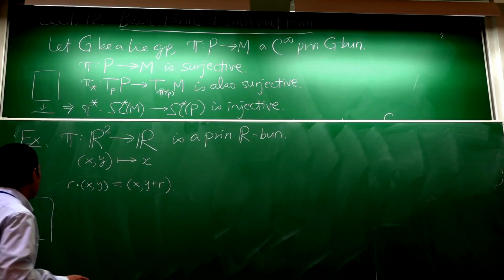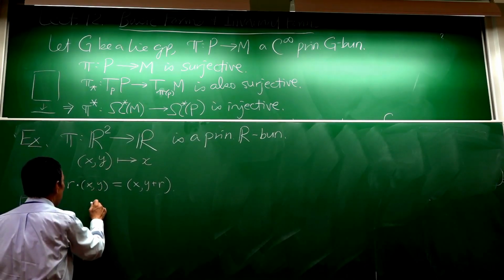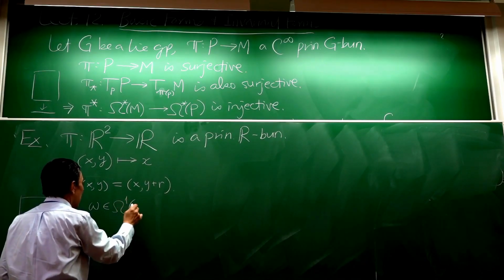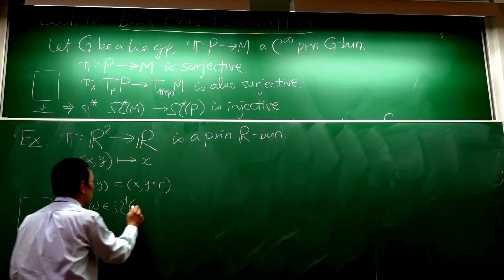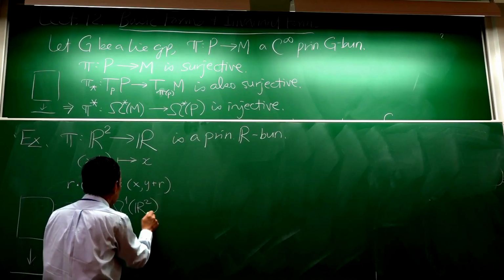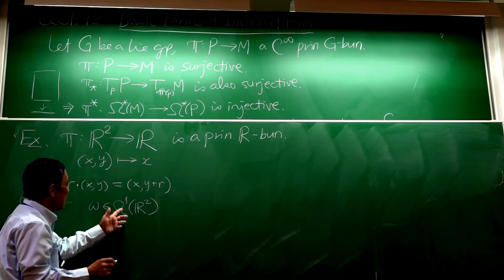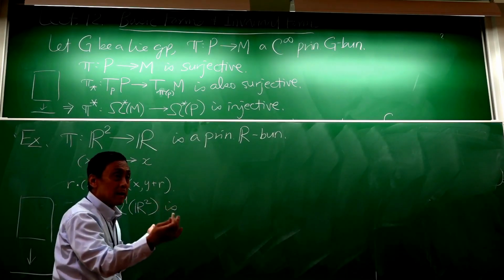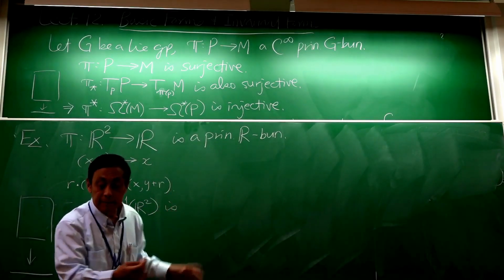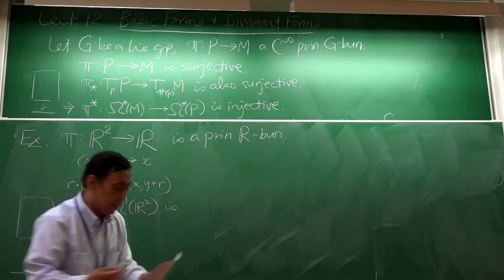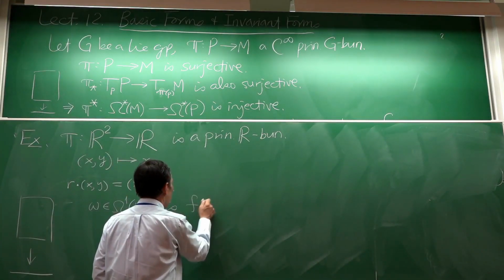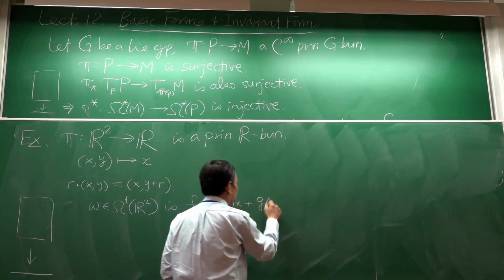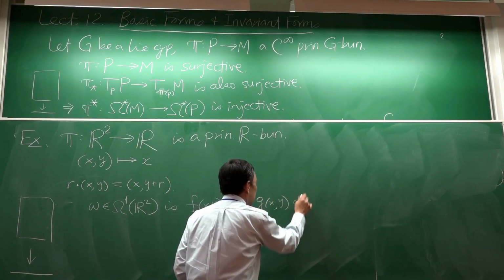Now, omega is a one form on R2. It's a linear combination of dx and dy. So it is going to be f(x,y) dx plus g(x,y) dy.